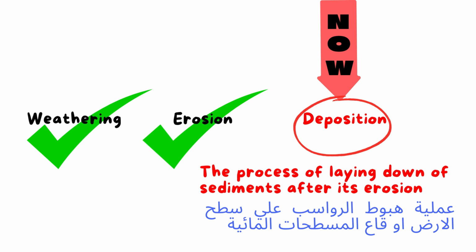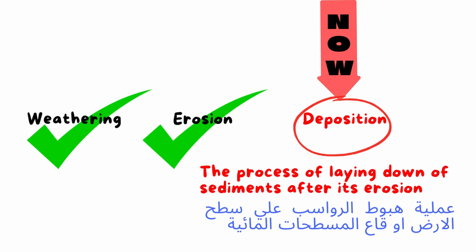When these sediments settle down, either on land or in a water body, this is deposition, okay? Deposition is the process of laying down of sediments after erosion, okay? So the process of laying down the sediments is called deposition, okay?